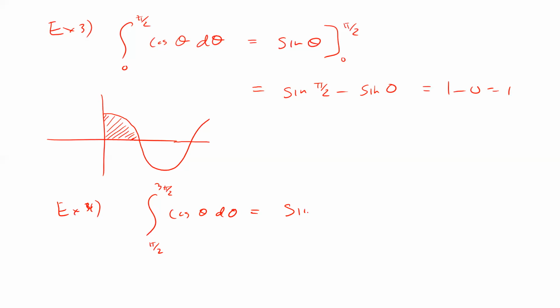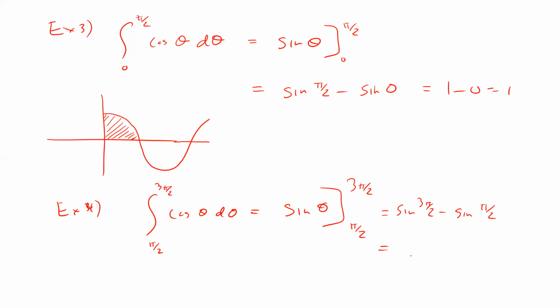All right, this will be sine theta, again from pi over 2 to 3 pi over 2. This would be sine of 3 pi over 2 minus sine of pi over 2.